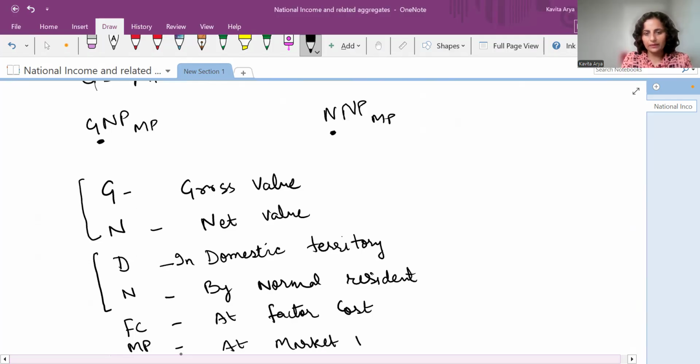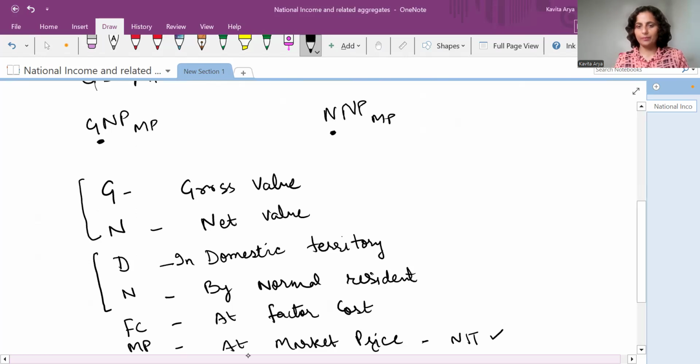We have already understood in the previous chapter that market price means NIT has been taken care of. In market price, NIT has been added, means indirect taxes as well as subsidies have been treated to get MP. But FC means NIT is yet to be treated. The taxes are yet to be paid.